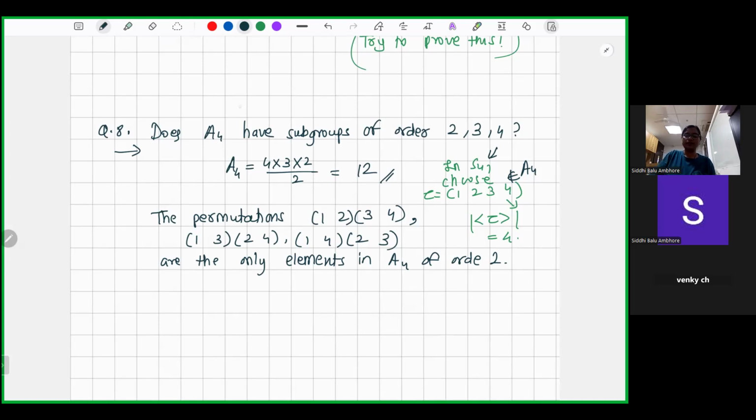So note that if you have transpositions sigma 1 to sigma k, disjoint, let me write it here.